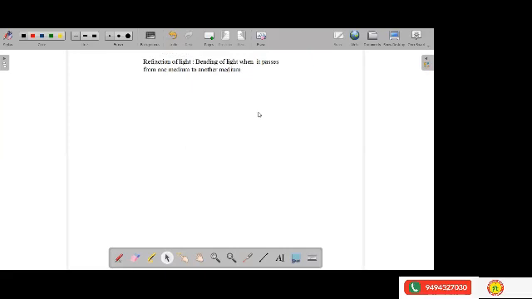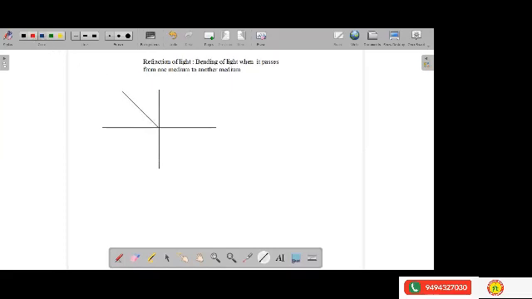If the light is passing from a rarer medium to a denser medium, let's say we draw the normal here. So this is our normal, and suppose we have our incident ray.